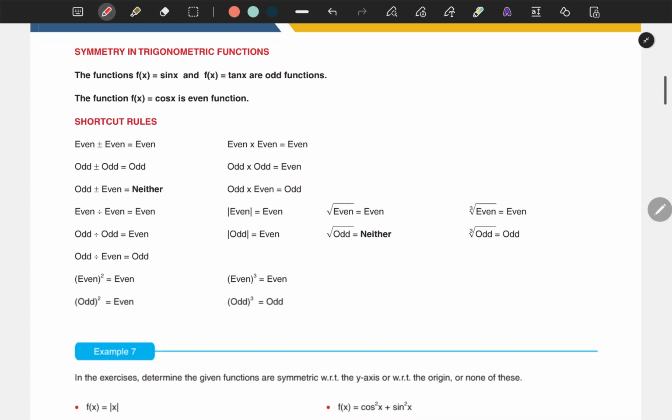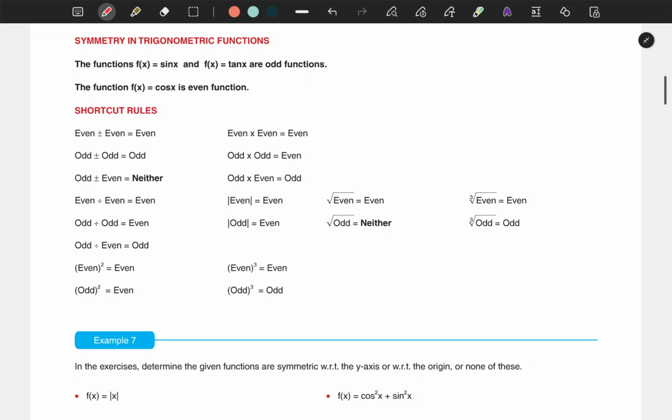Okay, let me scroll down. Guys, this table is important. Even by even, odd by odd is odd, but even and odd for addition and subtraction, it is neither. Okay, we can imagine like this. Every odd value negative, every even value is positive.